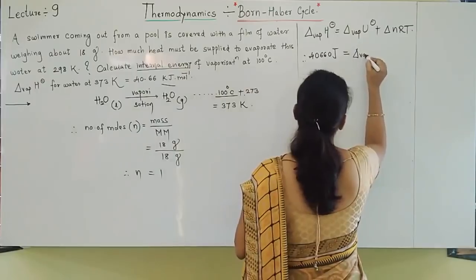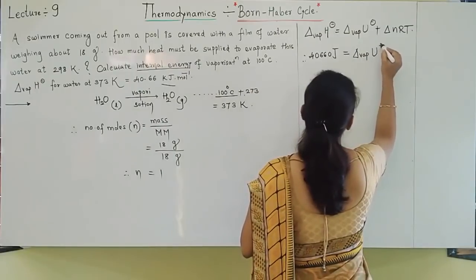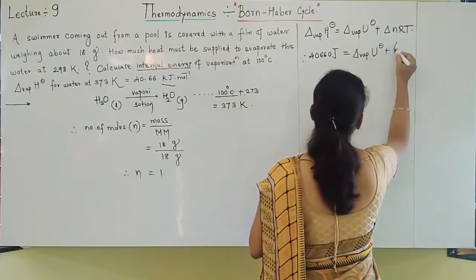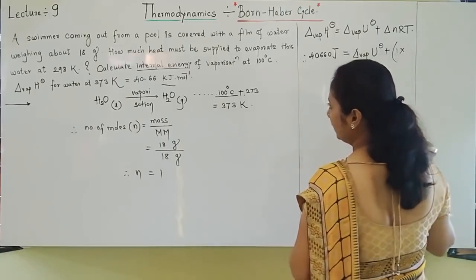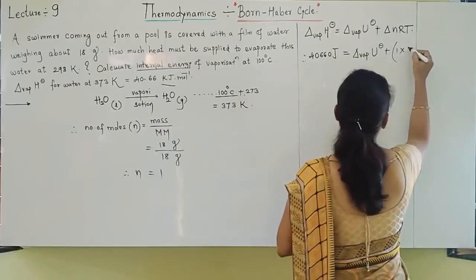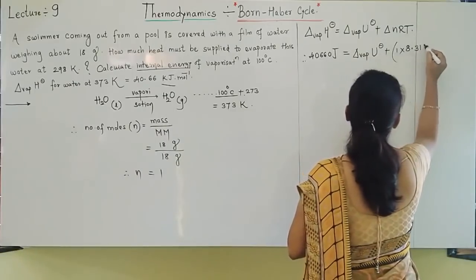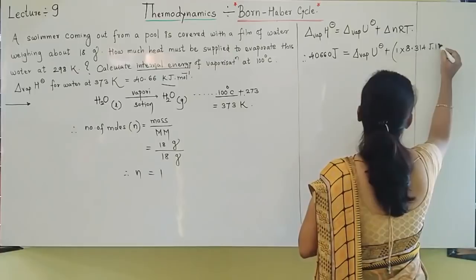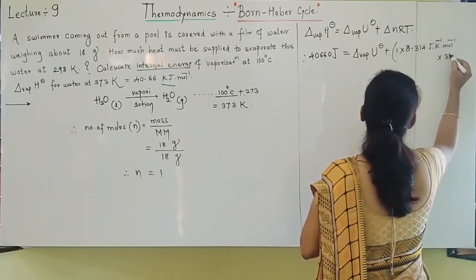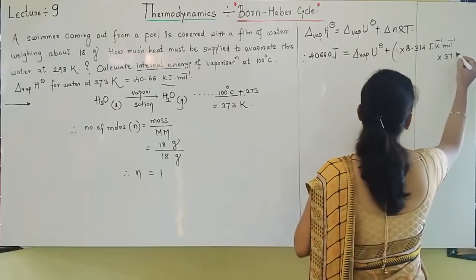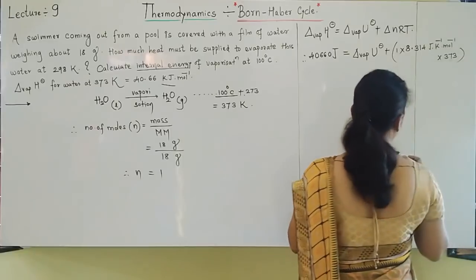Delta U for vaporization is what I have to find out, plus nRT, where n, the number of moles, is 1, R value is 8.314 joule per Kelvin per mole, and temperature is of course 373.